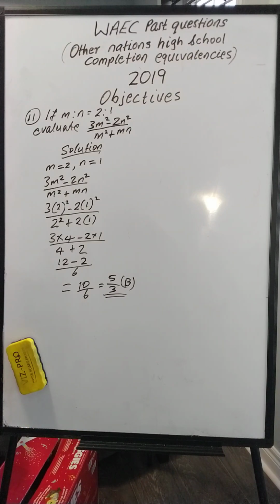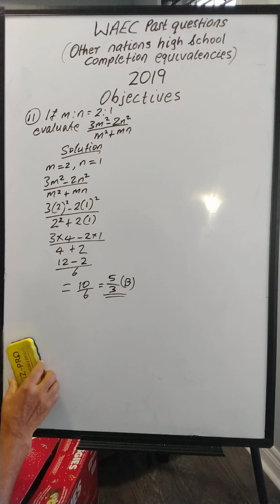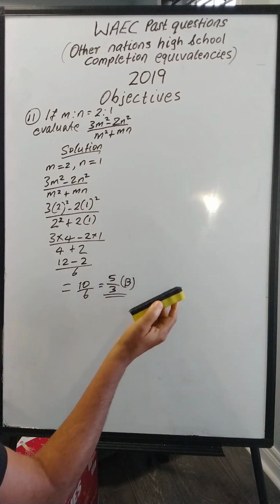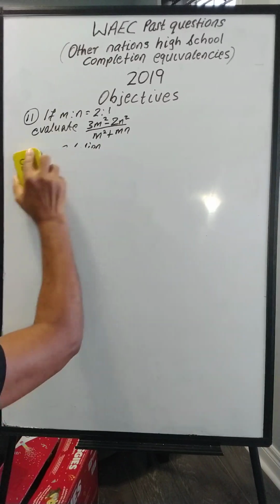Then number 12. Number 12 is a variation. We clean number 11 so as to solve number 12.